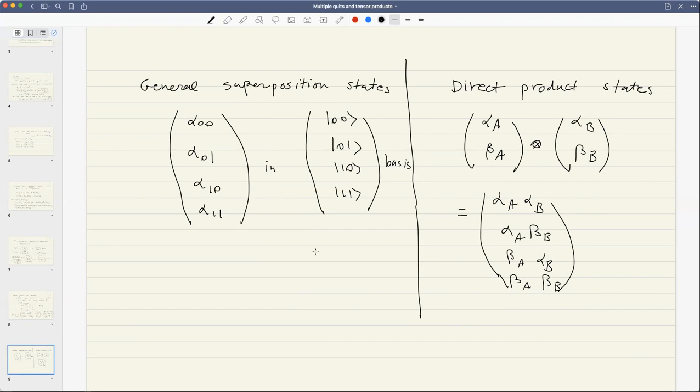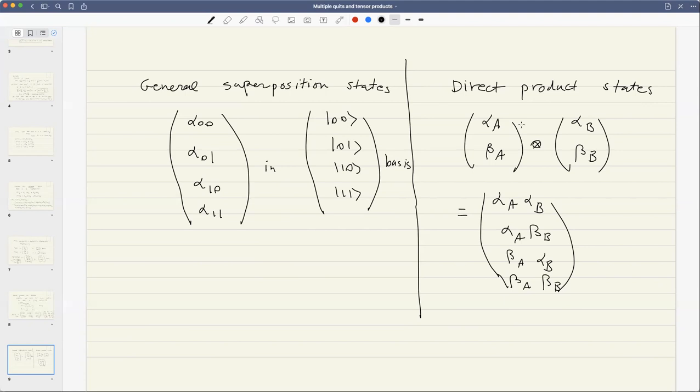But the inverse is not true. So there are states of two qubits that live in this general vector space, which cannot be written like that, which cannot be written as a direct product of single qubit states for the two qubits.